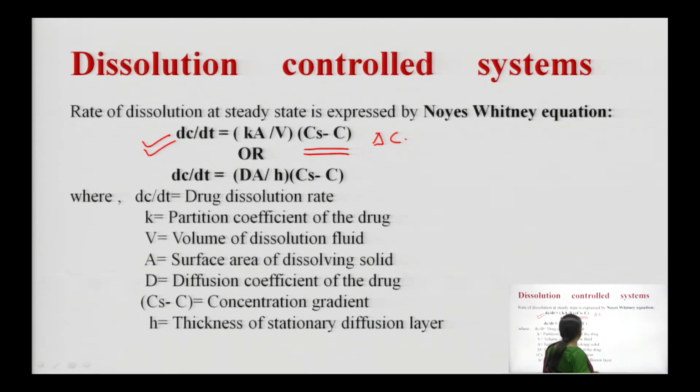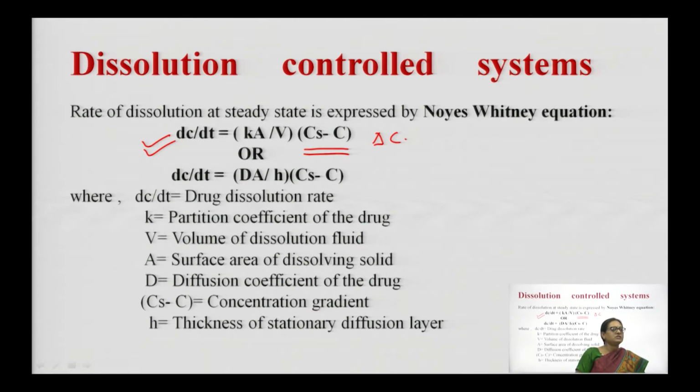Another way of representing the same equation is dC/dt is equal to (D·A/h)(Cs − C), where D again represents the diffusion coefficient of the drug, A is the surface area, h represents the thickness of the stationary diffusion layer. So, the rate of dissolution is inversely proportional to the thickness of the stationary diffusion layer.